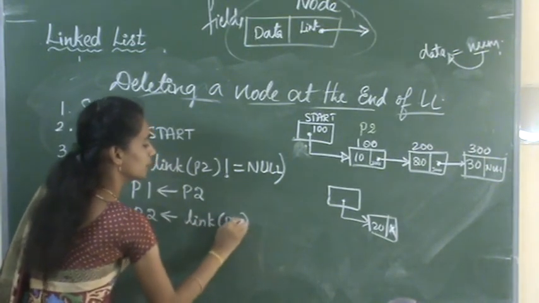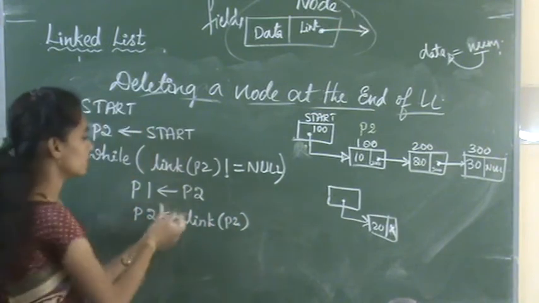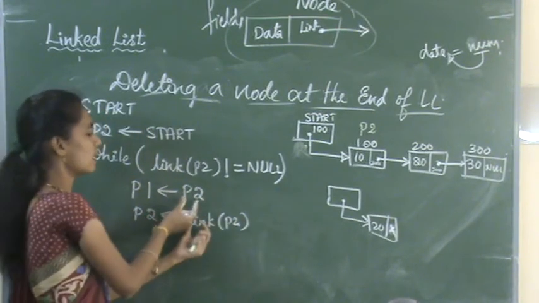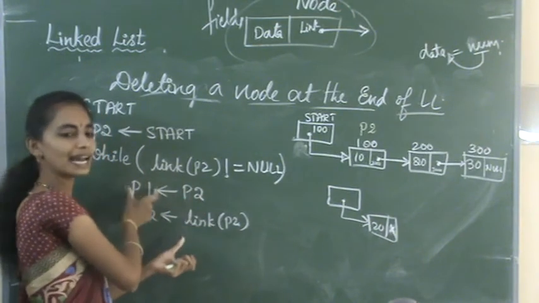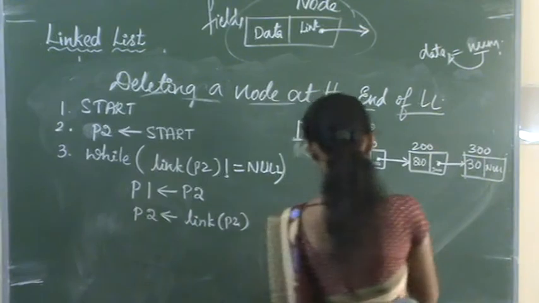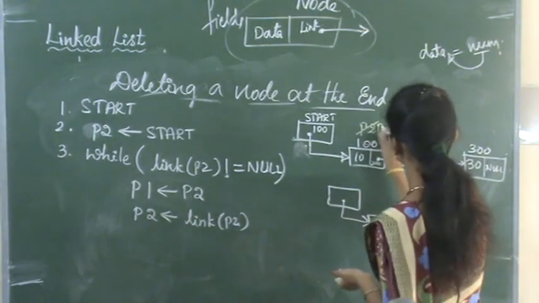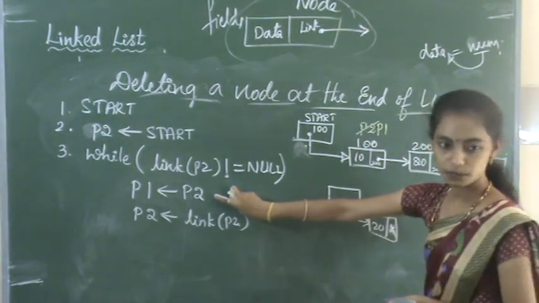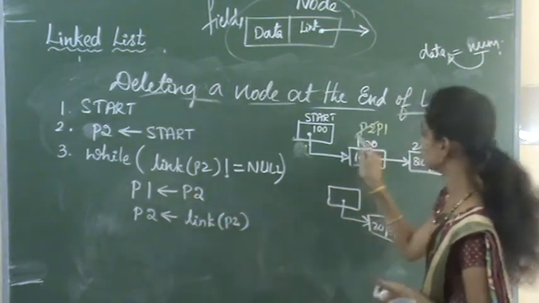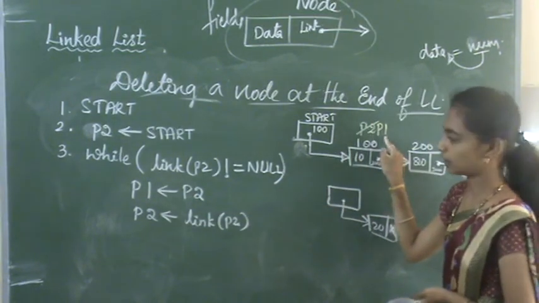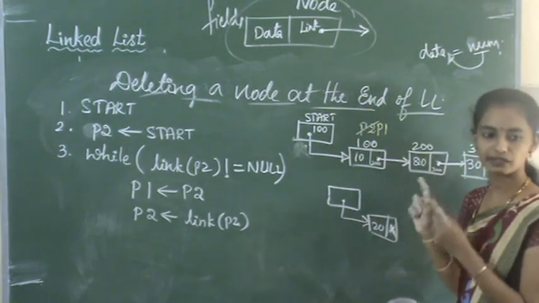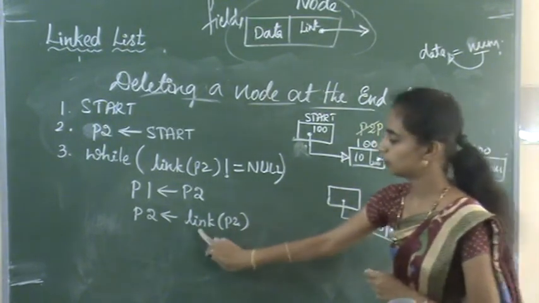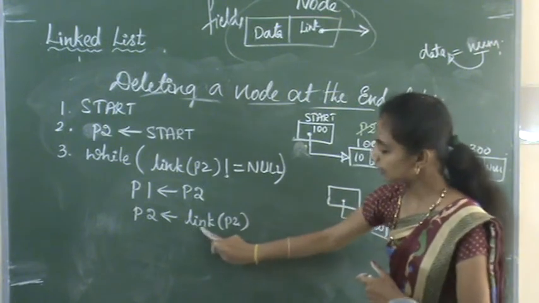Listen: whatever value is in P2, I make it P1. Now I need both P1 and P2.